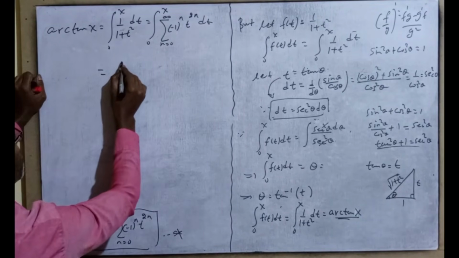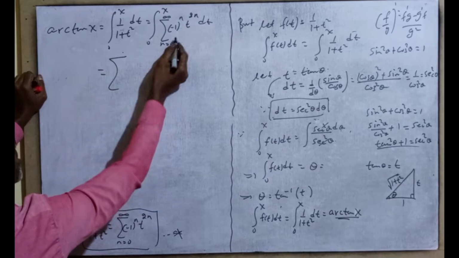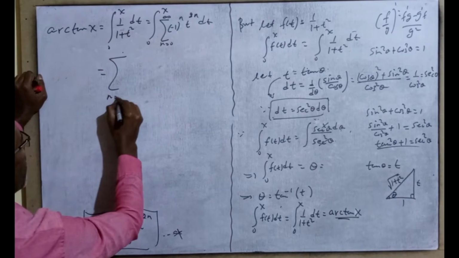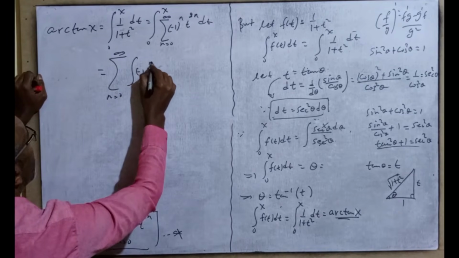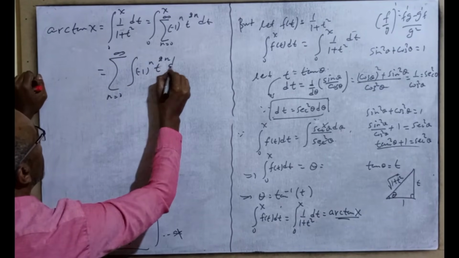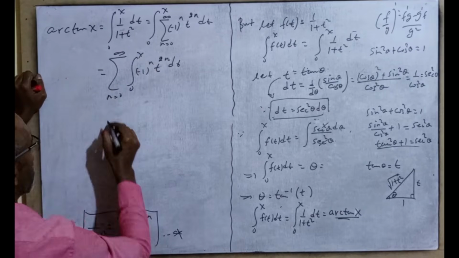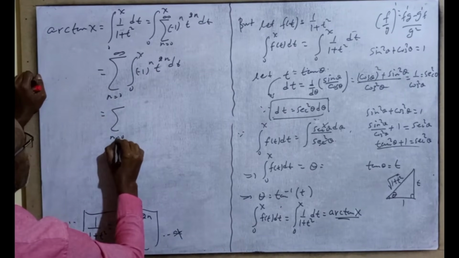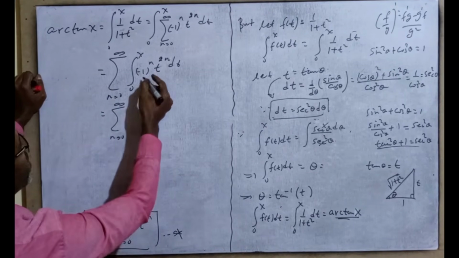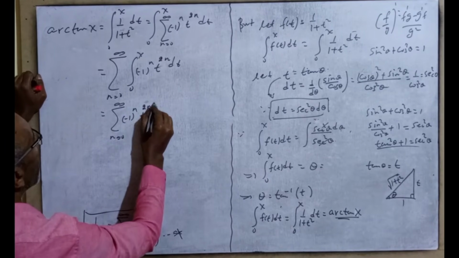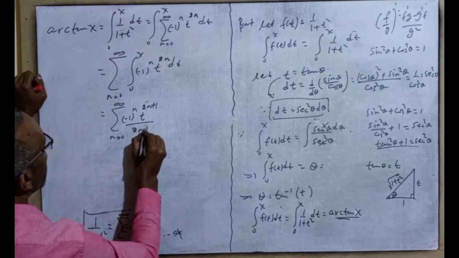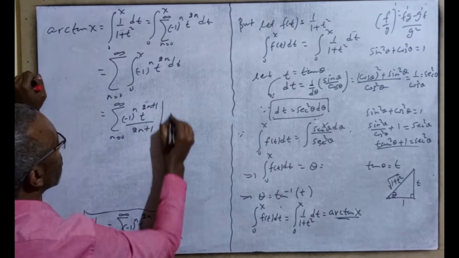This equals the summation, taking the integration inside, n from 0 to infinity of the integral from 0 to x of -1 raised to n t raised to 2n dt, which is the sum of -1 raised to n t raised to 2n plus 1 over 2n plus 1.